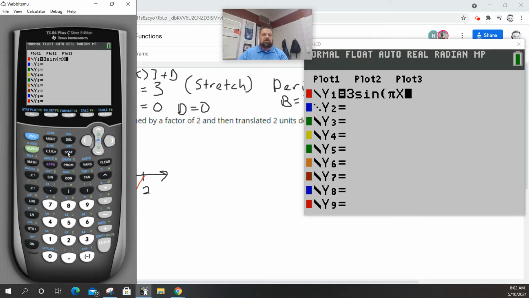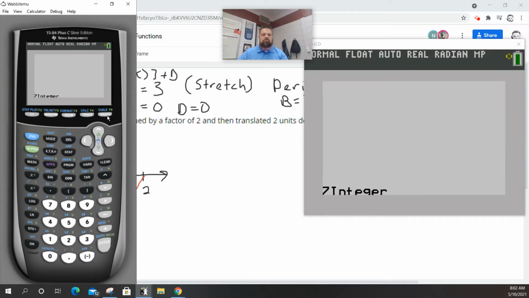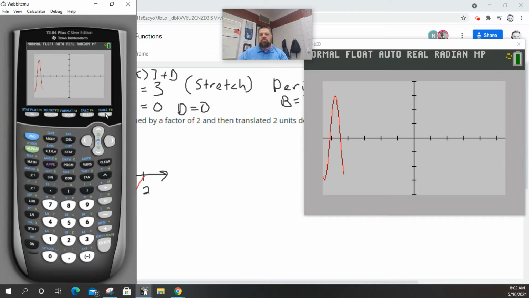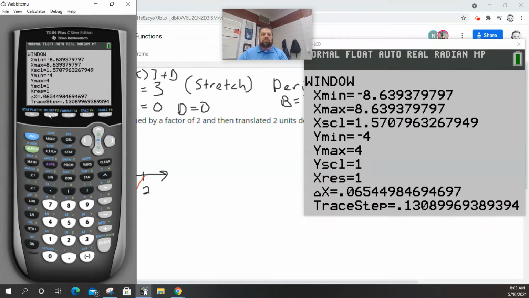All right, so I'm going to do the trig. Now I think I set it up to where the tick marks are pi, so let me change this real quick.